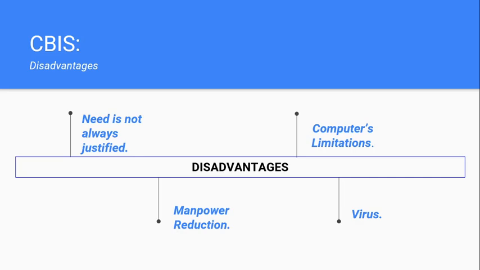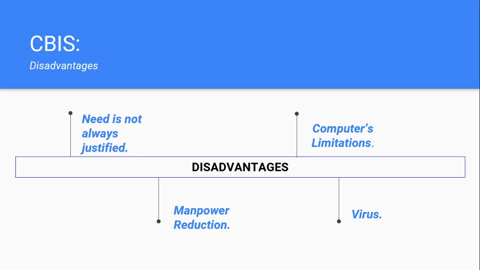So, before implementing the CBIS, the organization has to first properly think whether it is applicable for them, in which areas they have to apply the system, and whether it is feasible for them. They cannot come up with a CBIS on the basis of some vague grounds. Their need should be justified. Sometimes it has been seen that the need of the organization to come up with the CBIS is not justified.